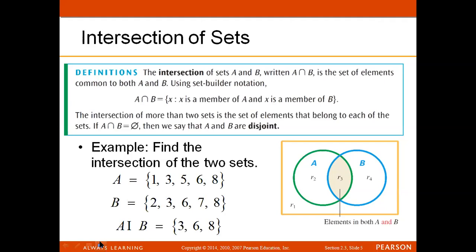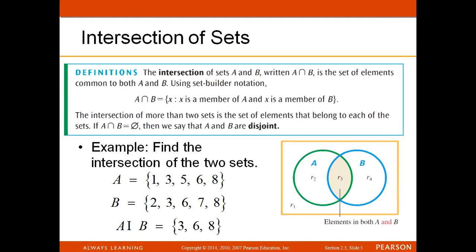A intersect B is the set of all x such that x is a member of A and x is a member of B. The intersection of more than two sets is the set of elements that belongs to each of the sets. If A intersect B is the empty set, then we say that A and B are disjoint.